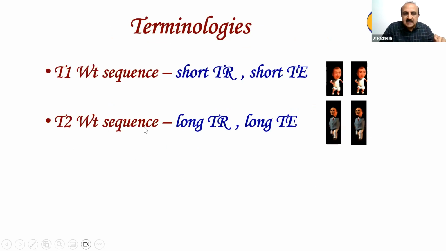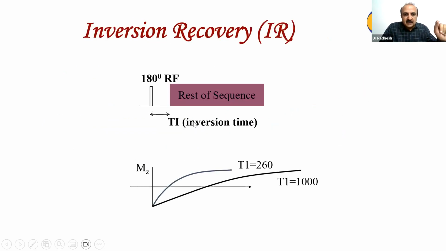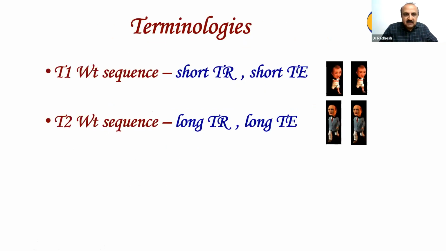I'll show you the images also, how it looks. We'll go to that. The third sequence, which is important for you, is called the inversion recovery sequence or STIR sequence, STIR. Okay, in the STIR sequence, what we do, I'll show you first the T1 sequence.